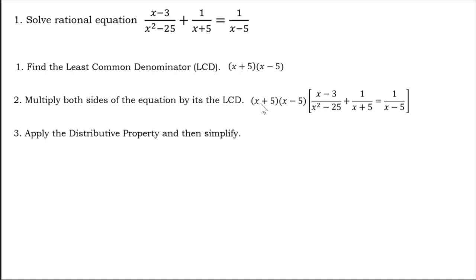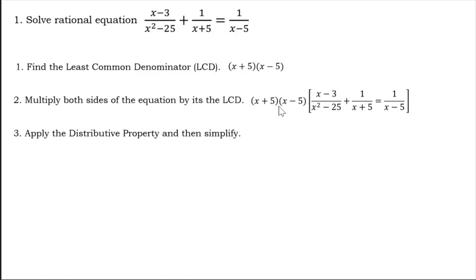So quantity x plus 5 times x minus 5, then times this term, x minus 3 over x squared minus 25. And take note, x squared minus 25 and x plus 5 times x minus 5 are the same.